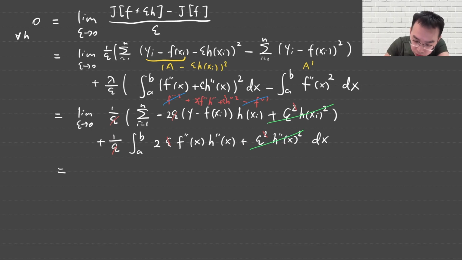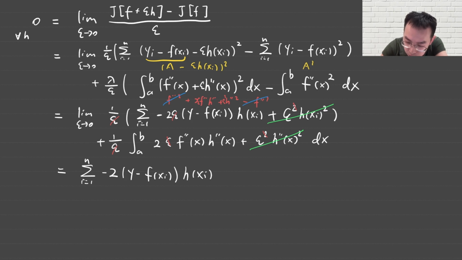So that means what we are left with in the end is just the summation from i equals 1 to n of minus 2 times (y minus f of xi) times h of xi, plus, okay, I think here I should write some lambda in here, plus 2 lambda times the integral from a to b of f prime prime of x times h prime prime of x dx.